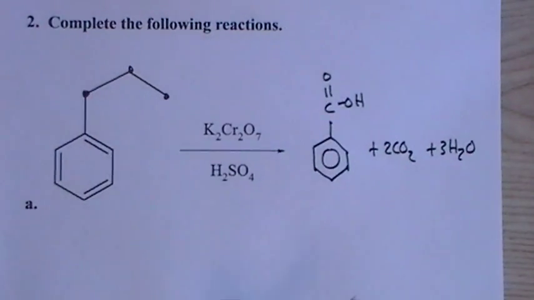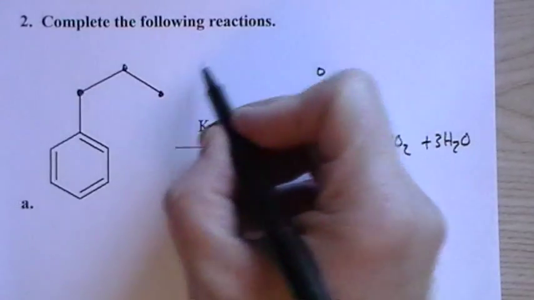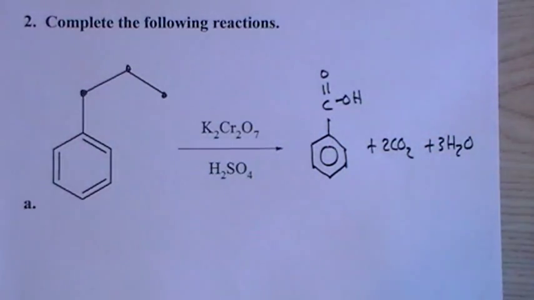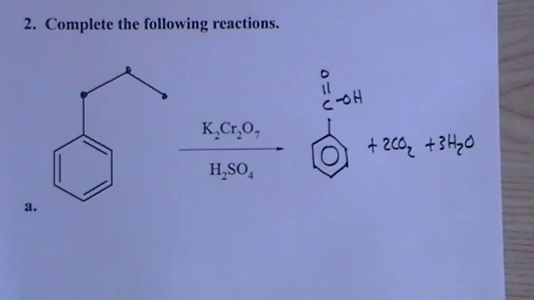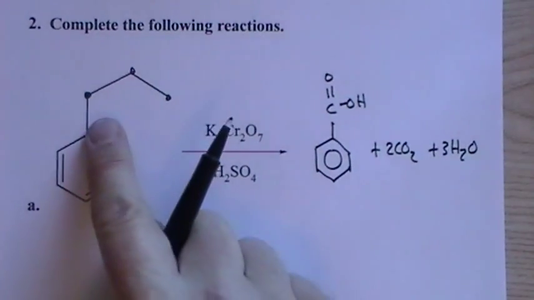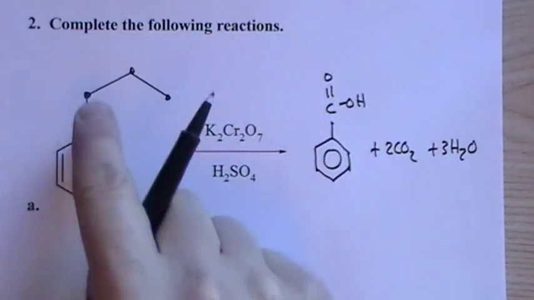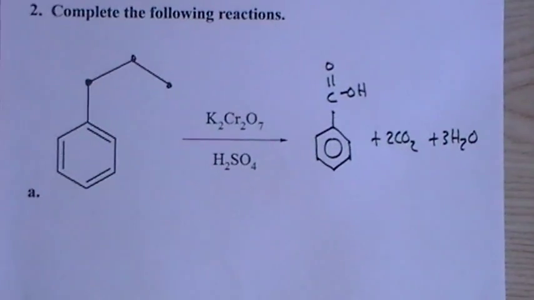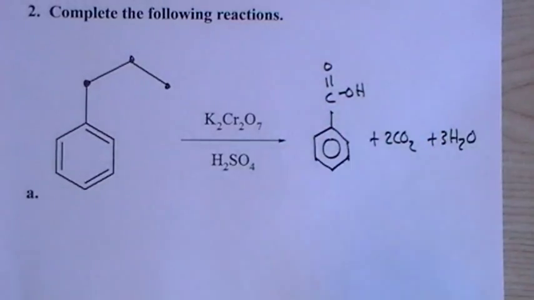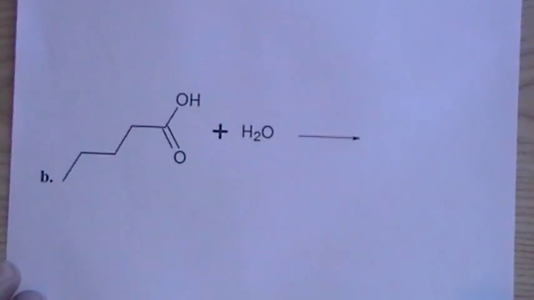So we just have to make sure that they're balanced out. If I had another carbon here, we'd have another CO2. We'd have to be careful about how many waters we had there. So I'm not going to go too far here, but this alkyl group can keep extending out, and we'll still be left with just one carbon that gets turned into a carboxyl group at the end.